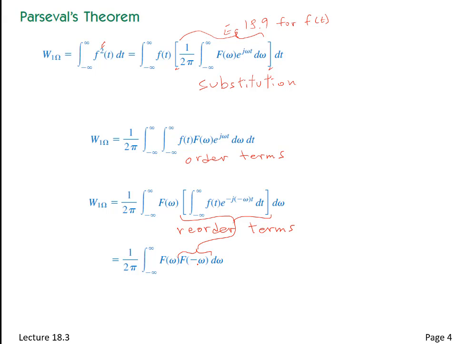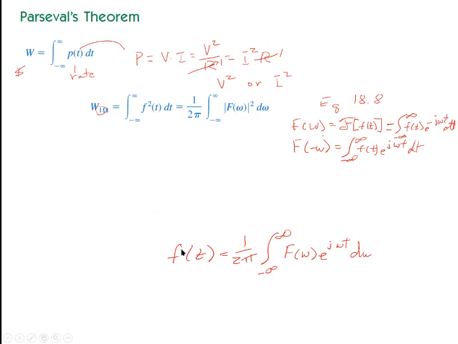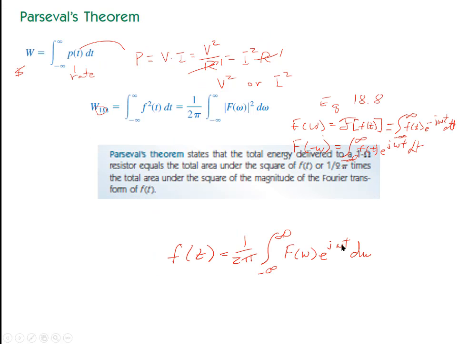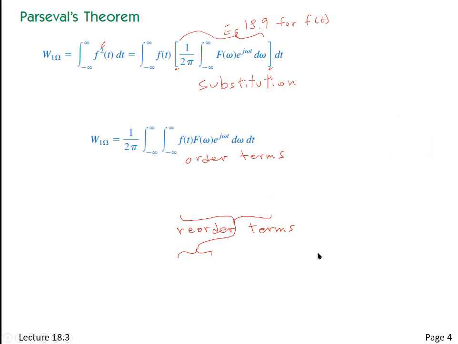I can go back, let's see, can I zip back to that stuff? Maybe I got enough of it there. See, here we are here. When I plug in minus omega, yeah, I'm right here, minus omega, right? That's where I'm at here. Well, in fact, it's already written here.